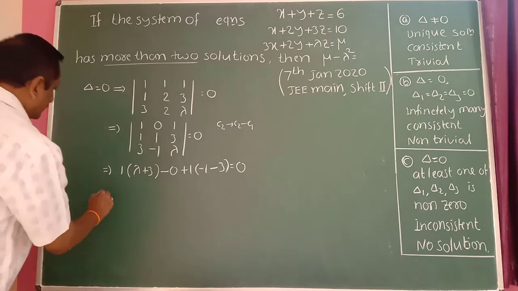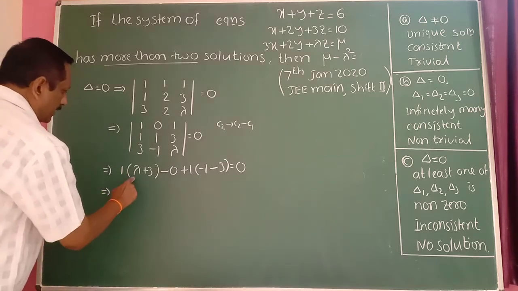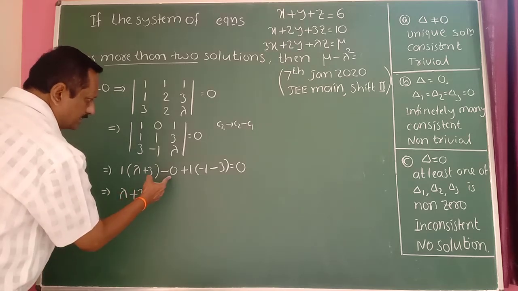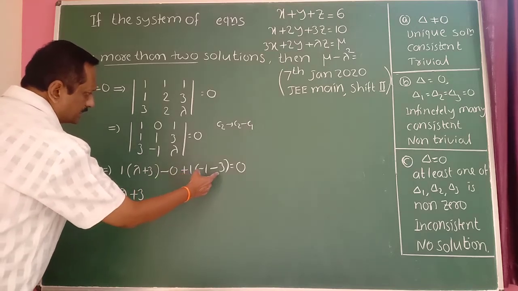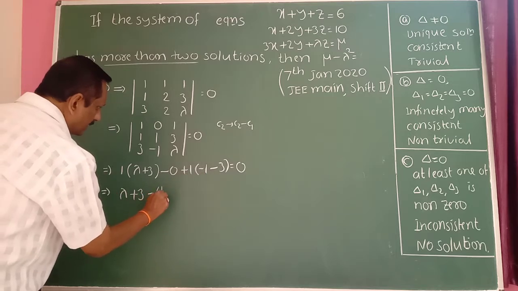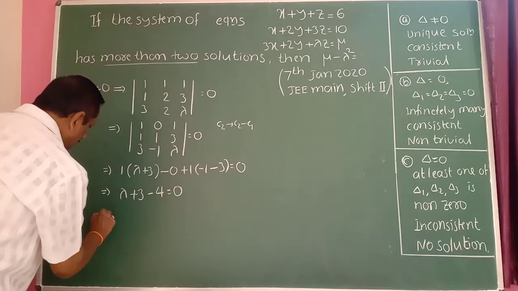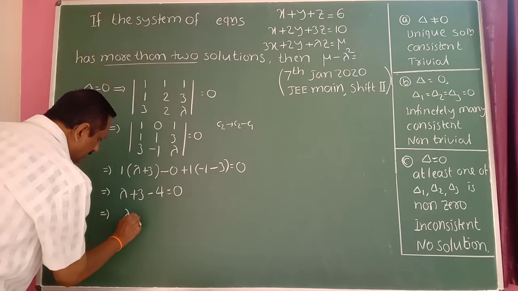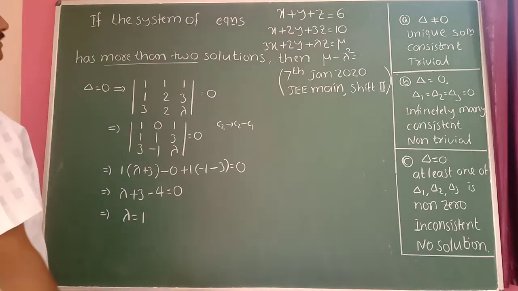Therefore, lambda plus 3 into 1 becomes lambda plus 3, minus 1 minus 3 is minus 4, equal to 0. Therefore, 3 minus 4 is minus 1. Take minus 1 to the right hand side. So lambda value is 1.